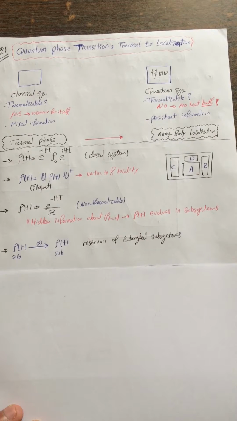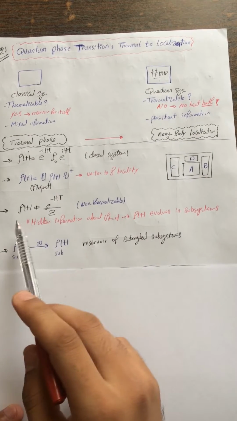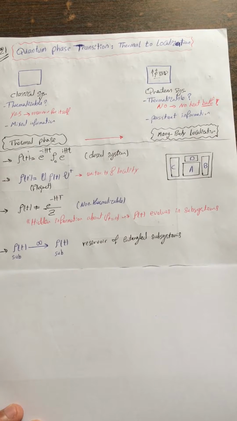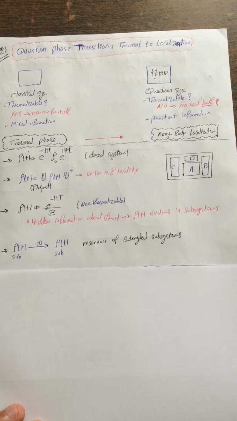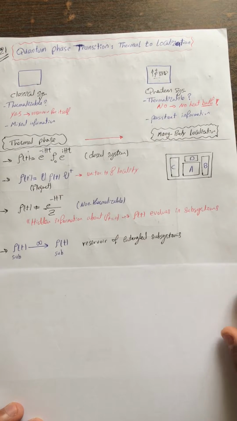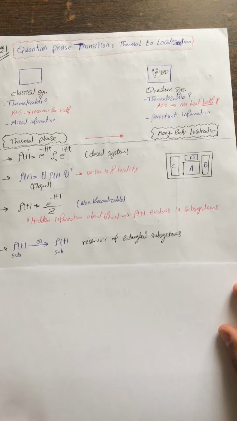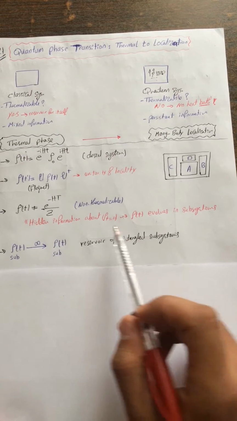If it's really not a thermalizable effect, then this relation is damaged. So the density matrix can no longer be expressed this way, and we now call this kind of non-thermalizing effect hidden information in your system. So you can in fact have thermalizable effects inside the subsystems of a quantum system.